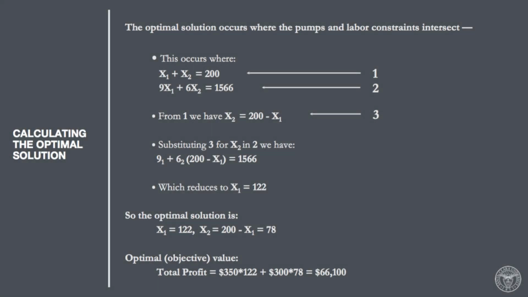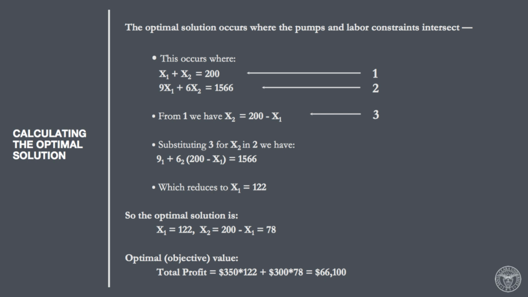Let's come back to the binding constraints computation. The palms and the labor constraints define the optimal solution. So we rewrite those two constraints here: x1 plus x2 equal to 200, and 9x1 plus 6x2 equal to 1566. In order to solve, we need to move one of the decision variables to the other side. So we get equation 3, x2 equal to 200 minus x1, and plug it into equation 2, the labor constraint, 9x1 plus 6x2 equal to 1566.